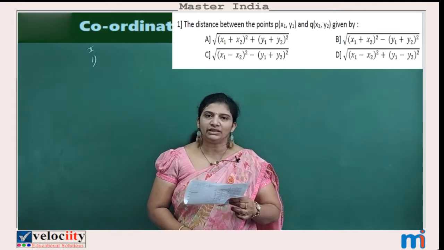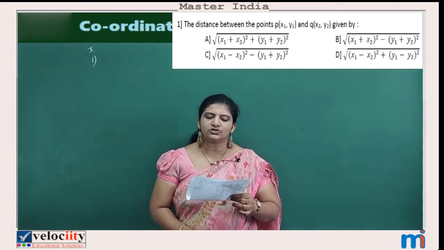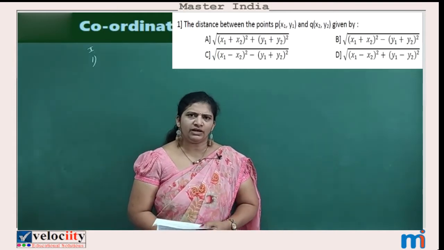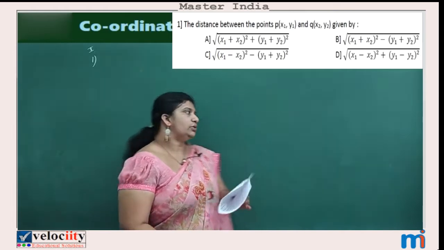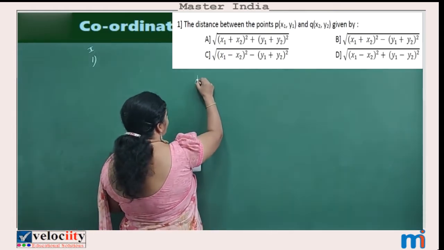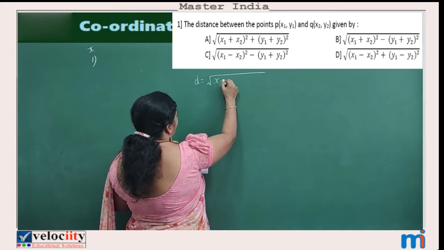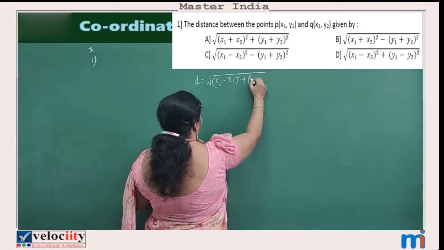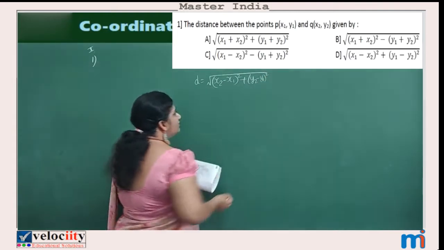The distance between the points P (x1, y1) and Q (x2, y2) is given by, what is the distance formula? If x1, y1, x2, y2 are the coordinates, you remember the distance formula: small d is equal to the square root of (x2 minus x1) whole square plus (y2 minus y1) whole square.